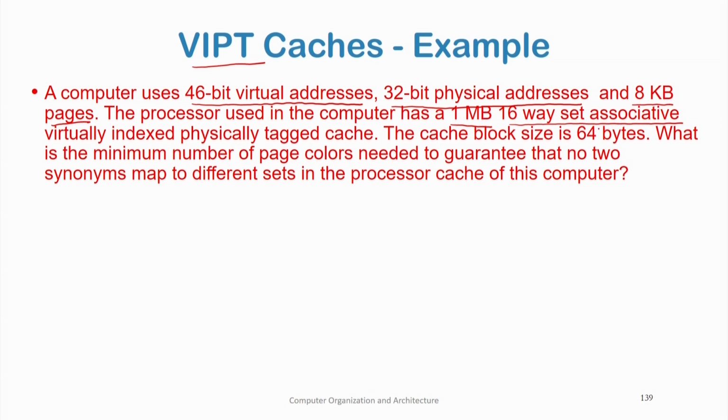So, I have a VIPT cache, 1 MB is the size of the cache, it is 16-way set associative, and the cache block size is 64 bytes. Okay. So, the question is, what is the minimum number of page colors that will be needed to guarantee that no two synonyms map to different sets in the processor cache of this computer?